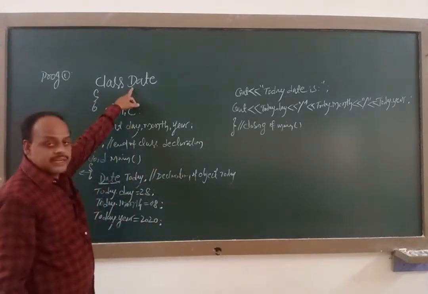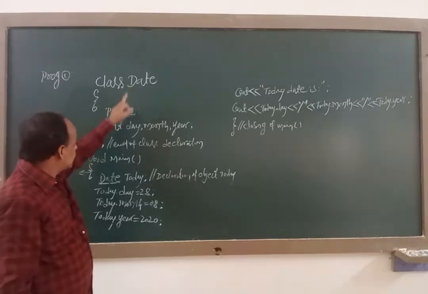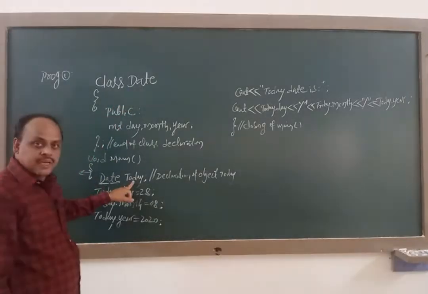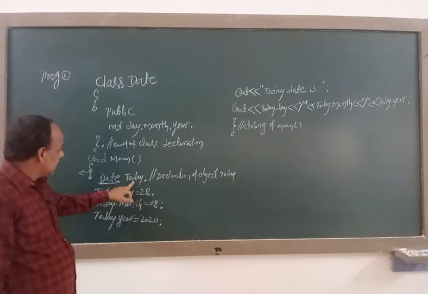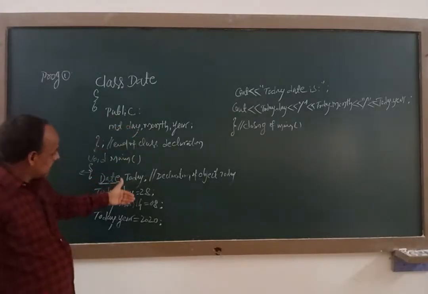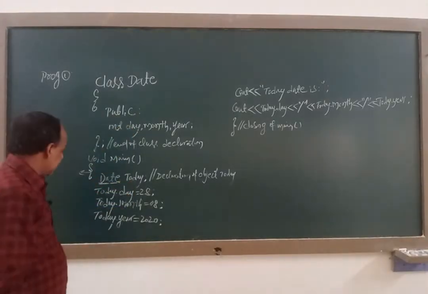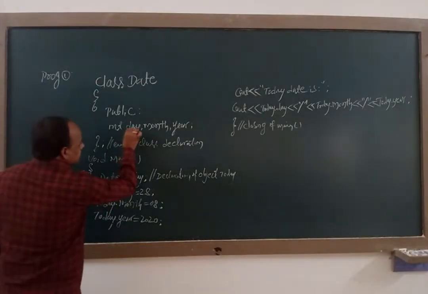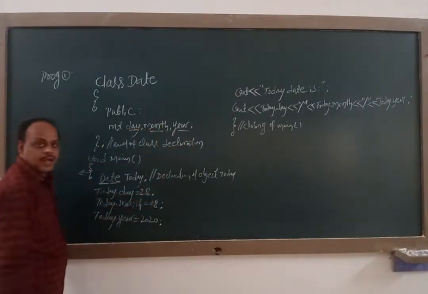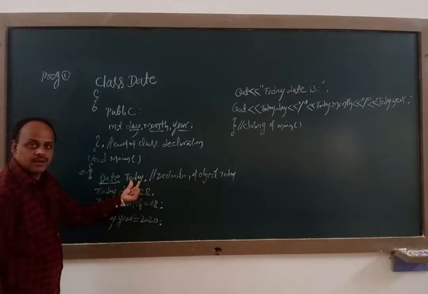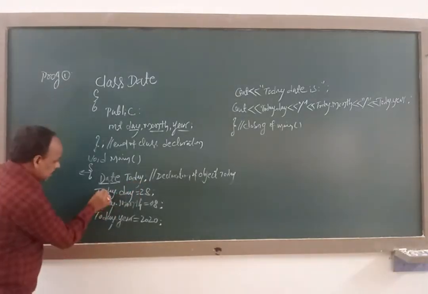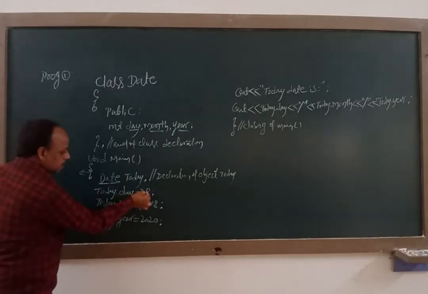This class name is date and its object is today. With the help of this object it is possible to access the data members. That's why to access day, month, year, I am using the object called today, because I declared the object as today. Therefore, today dot day is equal to 28.